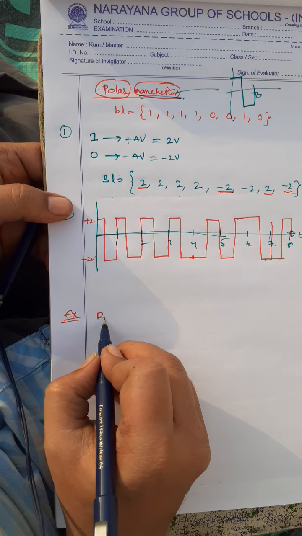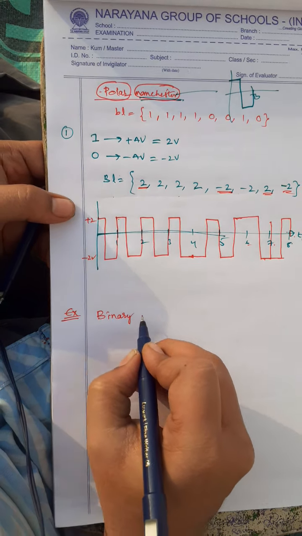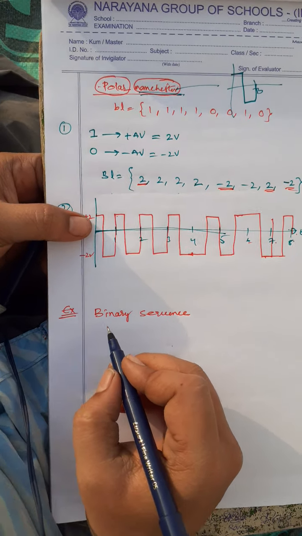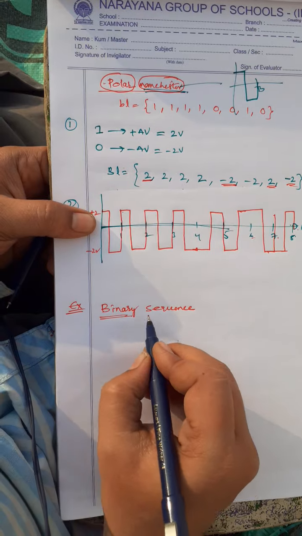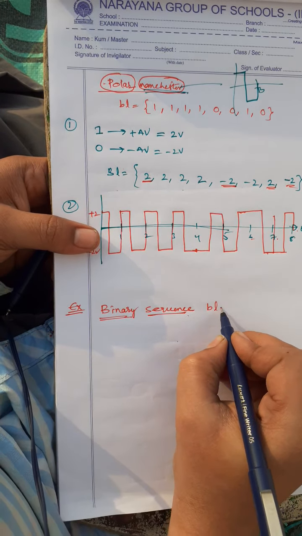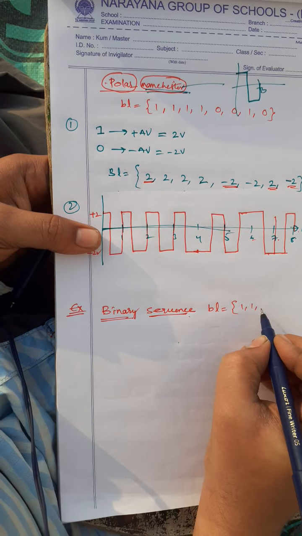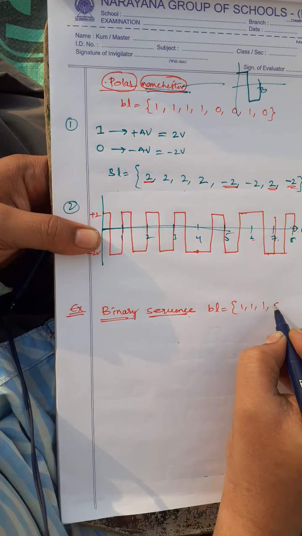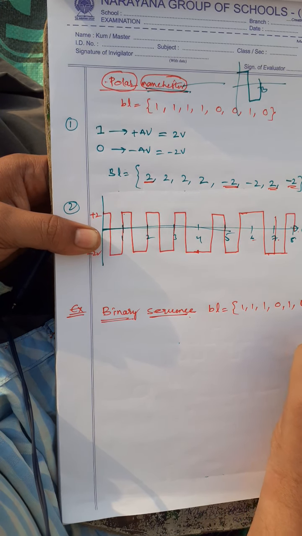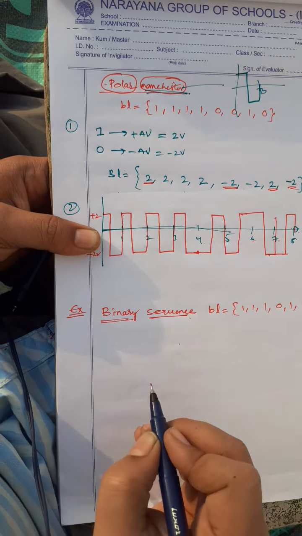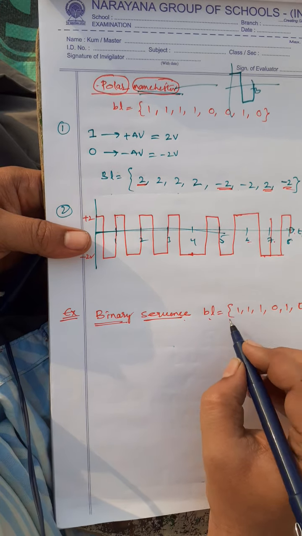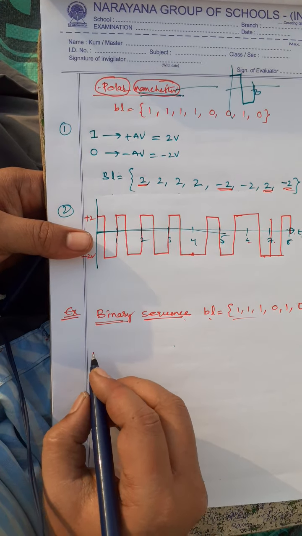The binary sequence BL is equal to this. This is my binary sequence. Represent this binary sequence in waveform format.